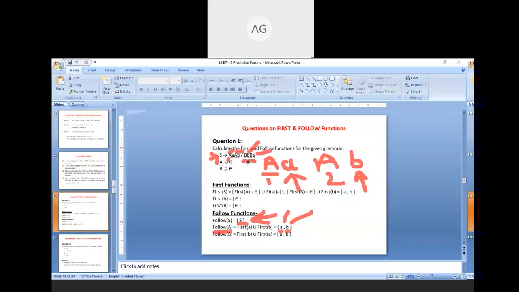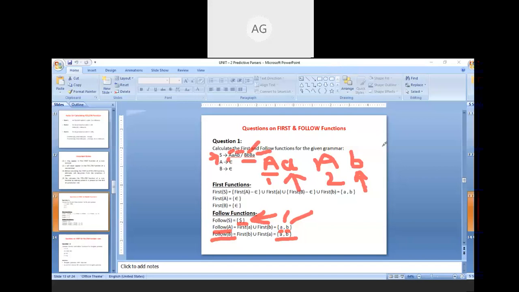Small a follows the second B. So that's why the follow of B contains the two elements a and b. So that's how you can calculate the follow symbols by using the rules we discussed in our previous slides for calculating the follows.